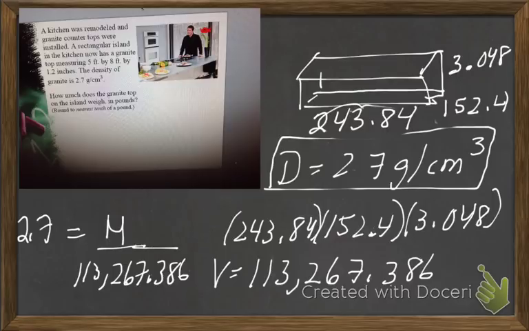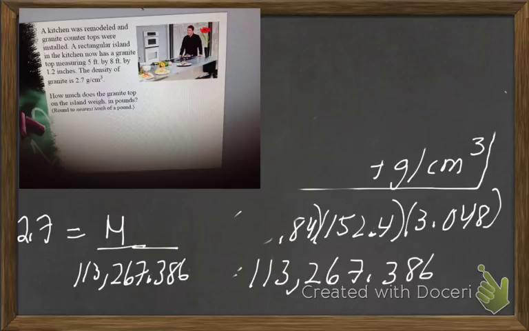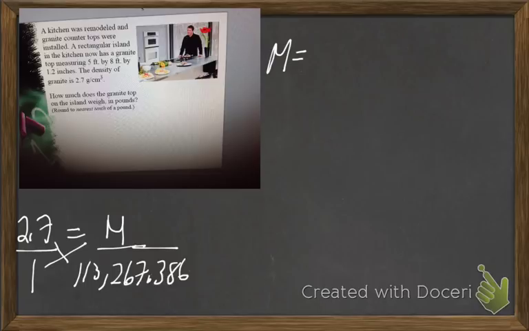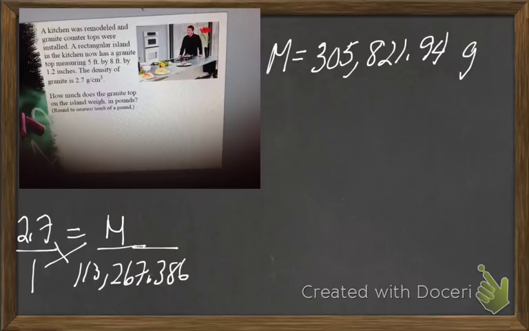Okay, and I'm just going to erase all this and make some room. Alright, so after I do that, then I'm going to just put this over 1, and I'm going to cross multiply, and I get that my mass, so I'm multiplying 2.7 times this 113,000 thing, is 305,821.94 grams.